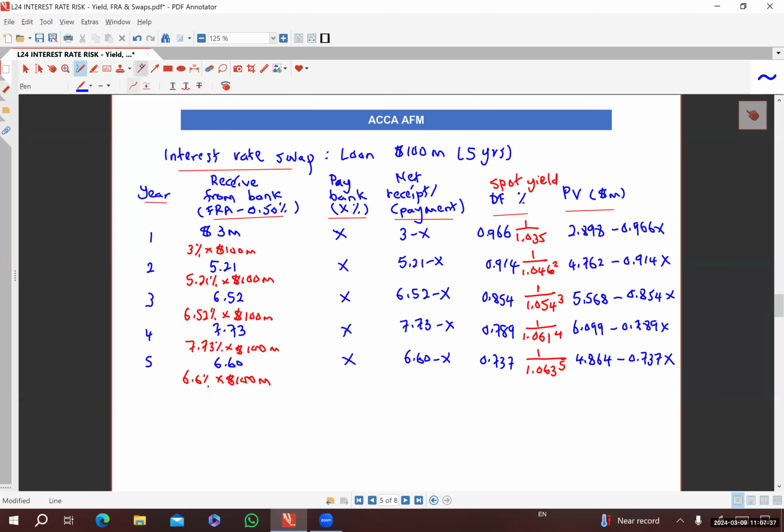Okay, right. The NPV at current point should be 0. Remember, last video we looked at interest rate swap, yeah? The swap term, two parties will exchange interest payments, that at the end they should reconcile.